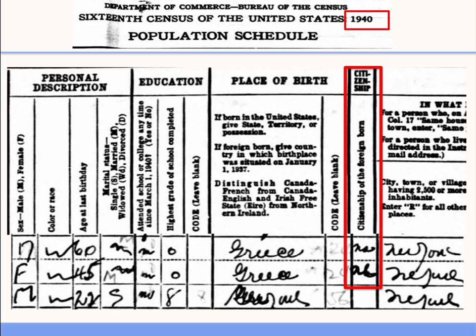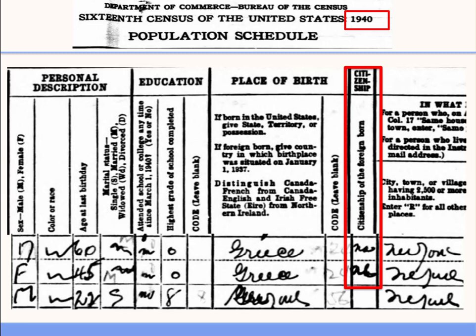How would you know if your ancestor has an alien registration file? Remember, the act was passed in 1940. So the first place to go is the 1940 US Census. And in the column next to place of birth is this skinny little narrow column called citizenship that most people don't even recognize is there, but it's critical.